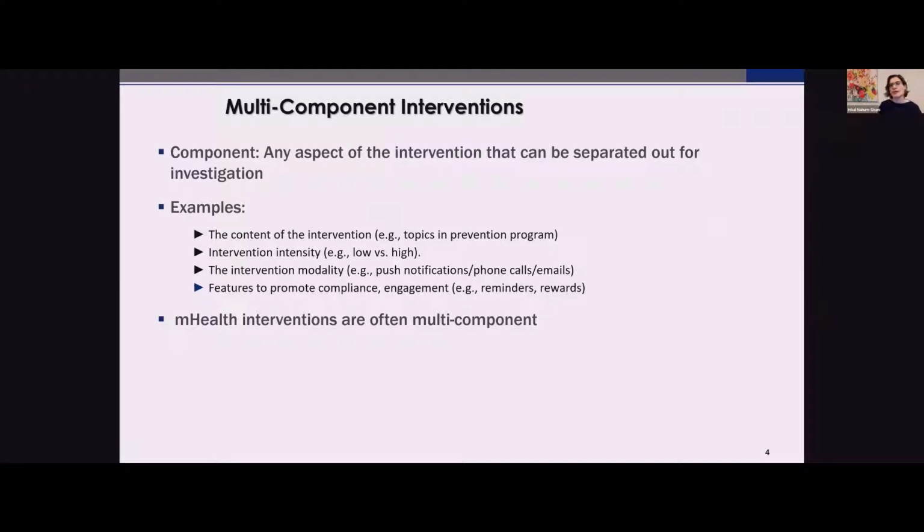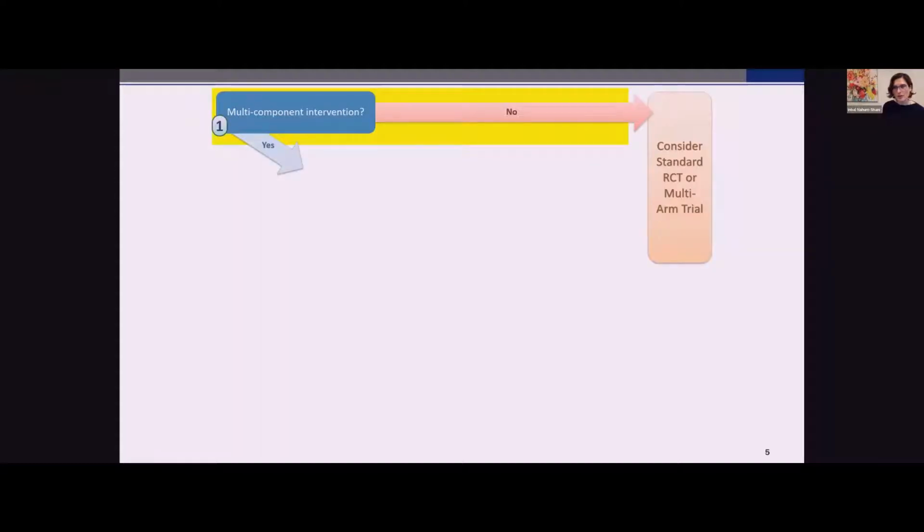For example, the content can be a component, the intensity of the intervention can be a component, the modality that you're using to deliver the intervention can be a component, and all kinds of features that you use to promote compliance or adherence, and also different tactics that you consider can be components. Now, the reality is that many mobile health interventions include multiple components. But first, I want to show you an example where the answer to the question is no.